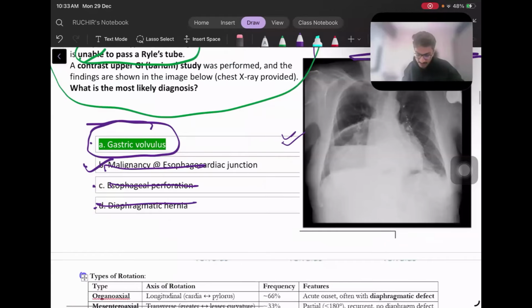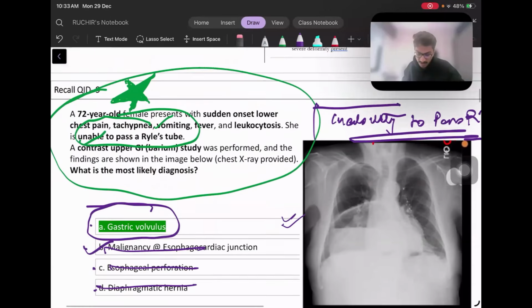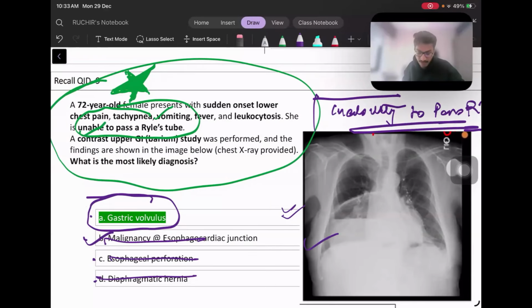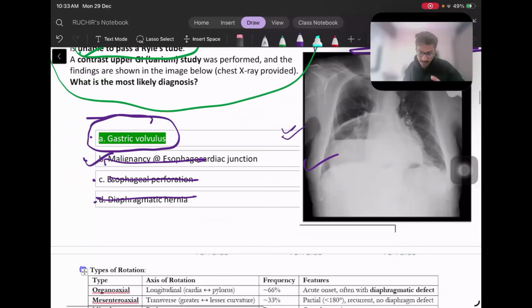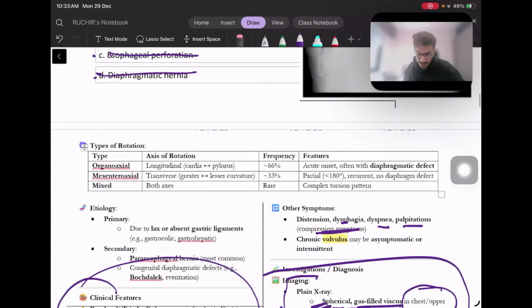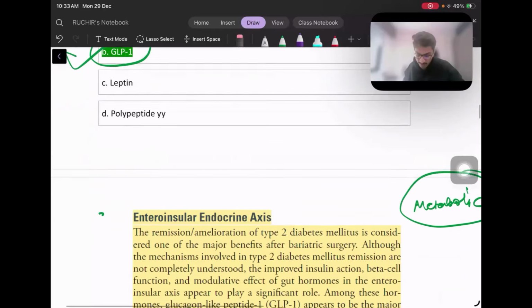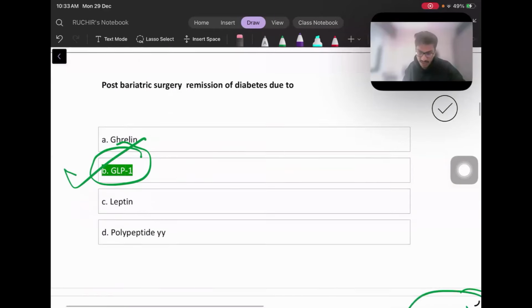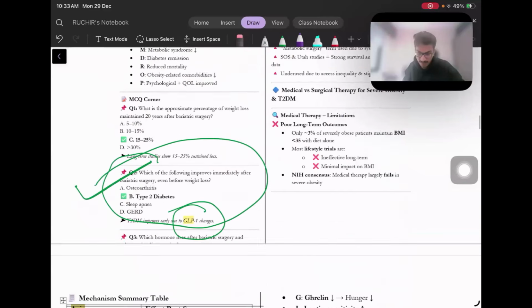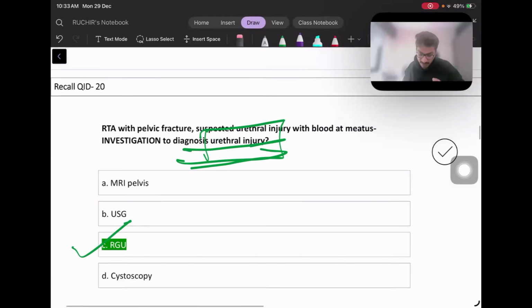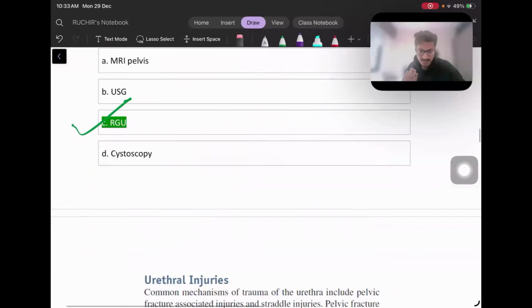Patient with vomiting, inability to pass Ryle's tube, air-fluid levels on the chest X-ray, and old age female: the answer here, according to me, would be gastric volvulus. The post-bariatric surgery remission occurs due to GLP-1 analog, GLP-1. Then you have the pelvic fracture, suspected urethral injury, blood at meatus. Investigation to diagnose is RGU.